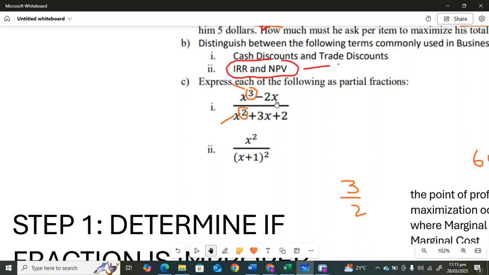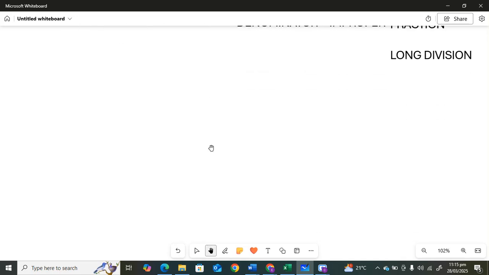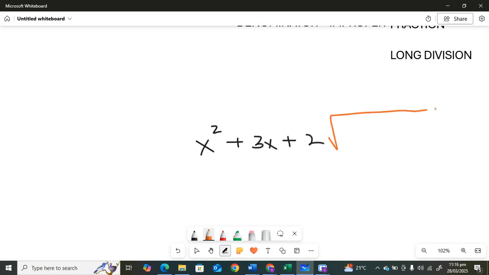Step 2, now we're going to do the long division. You put the denominator outside: x squared plus 3x plus 2, divided into the numerator. You put it inside this sign. It's the one that's being divided, the dividend.